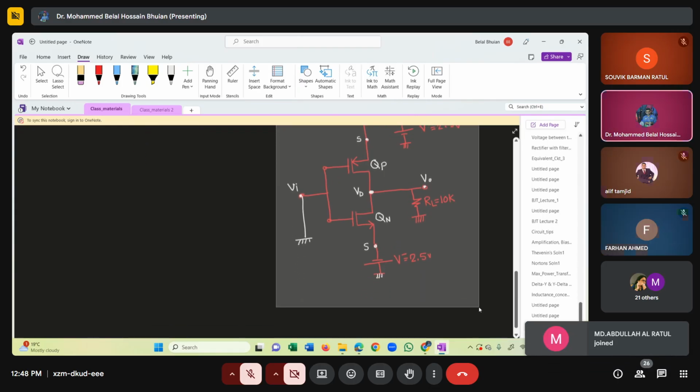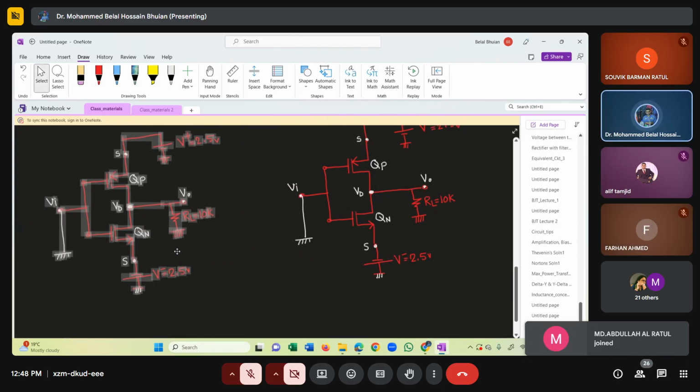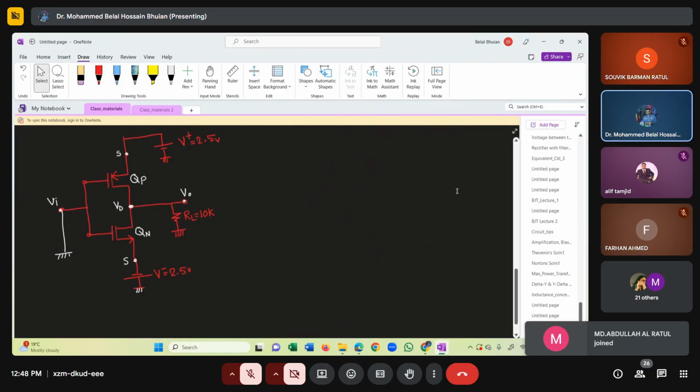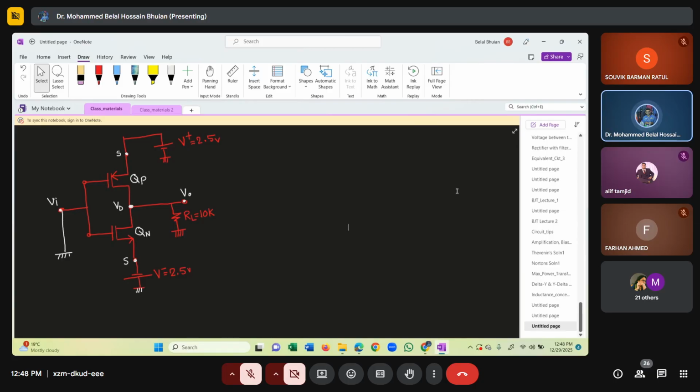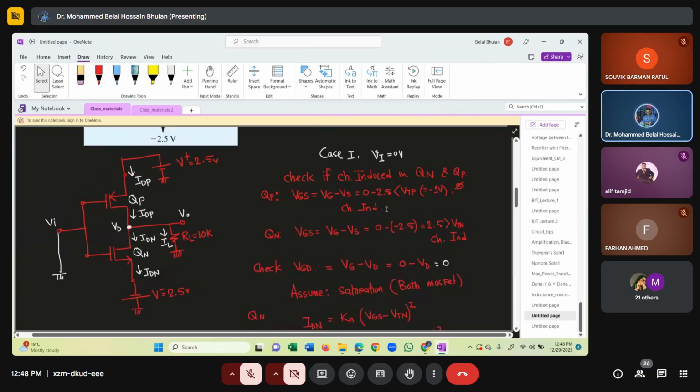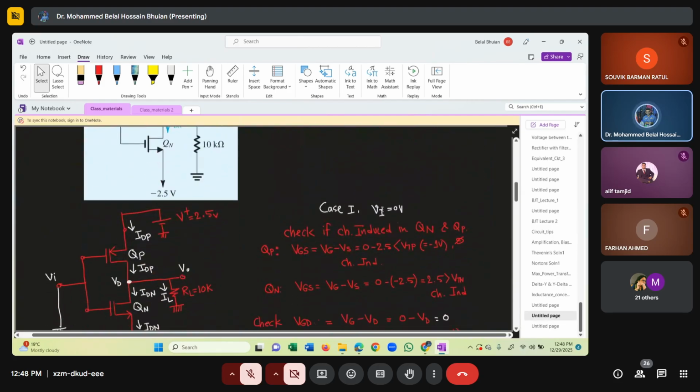So this is what the circuit looks like after Vi is set to 0. Now we have to deal with two types of MOSFET at the same time, QP and QN. One of them is an N channel MOSFET, the other is a P channel MOSFET. So in both cases, we follow the same steps. Fortunately, I have these things written down.